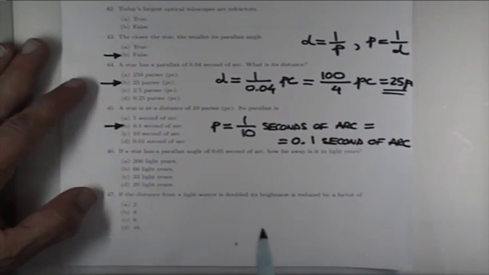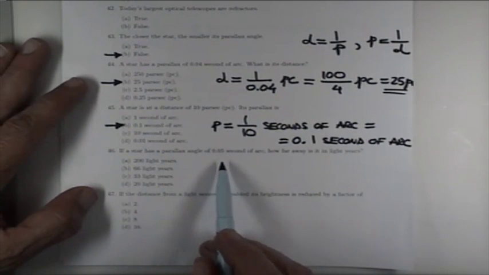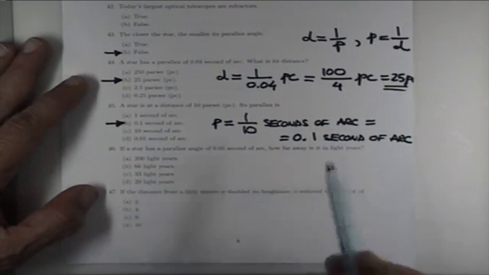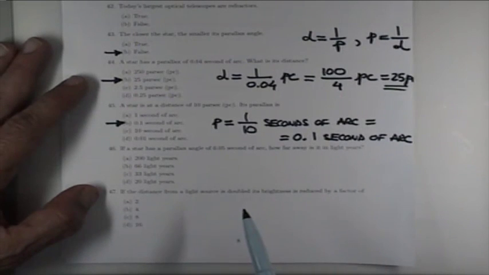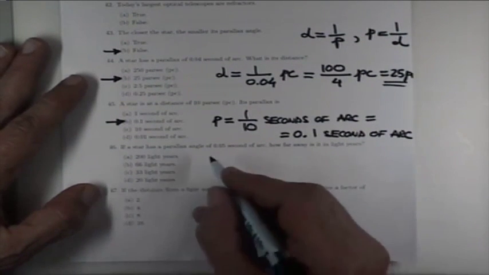So in the first step, I have to calculate its distance in parsecs, which I can do because I know the parallax angle given in seconds of arc. I just use this relation here. And then I multiply my result with that conversion factor of 3.26 to get the distance in light years.